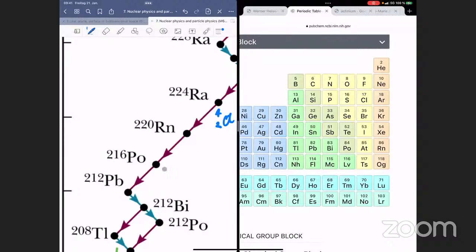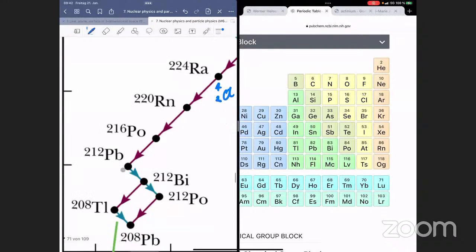Polonium still emits the alpha particle. They throw away 4 nucleons. 216 becomes now 212, and 2 protons are thrown away. Polonium has to go back by 2 steps, right? 1 and 2. We arrive at lead, that has only 82 protons, but the number of nucleons is still high for lead in this version.